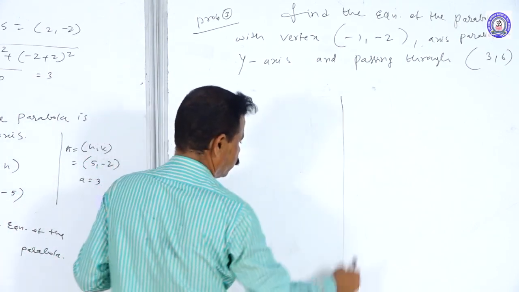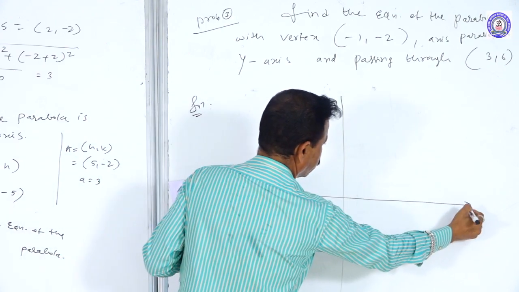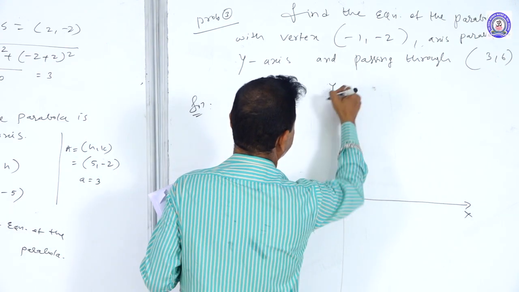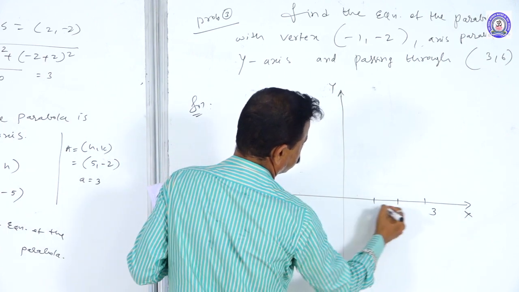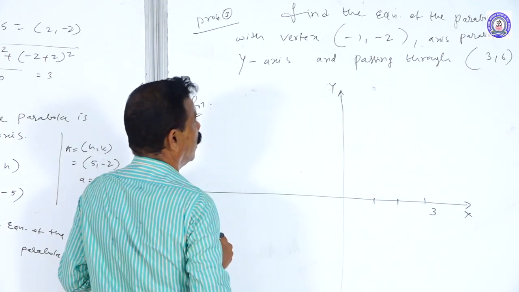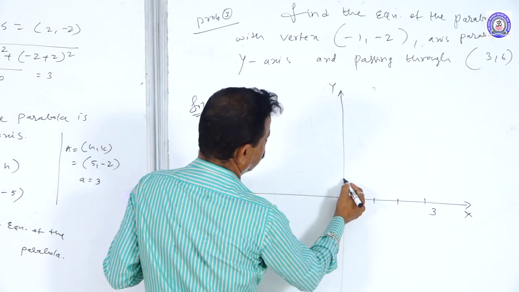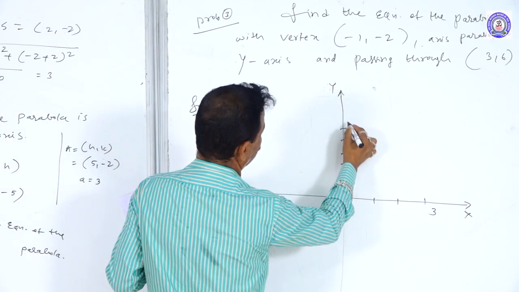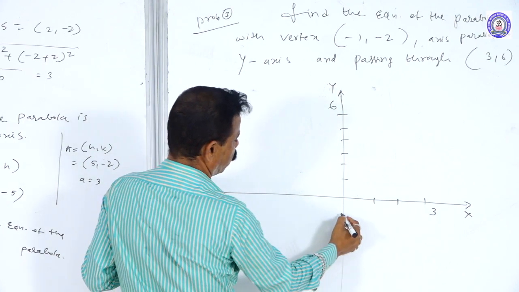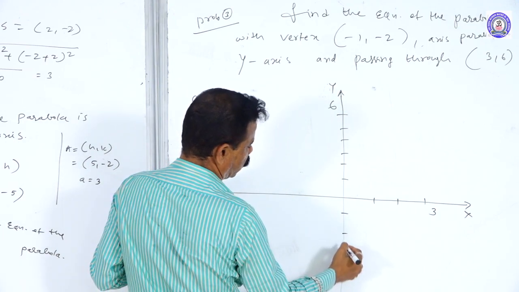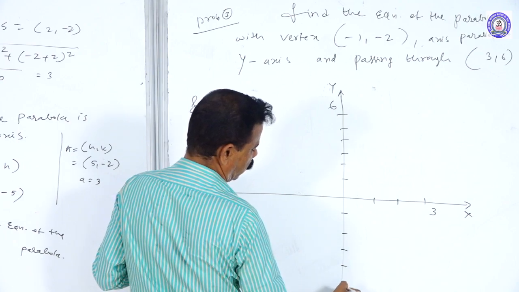Draw the graph with the x axis and y axis. The x coordinates go up to 3: 1, 2, 3, and y goes up to 6: 1, 2, 3, 4, 5, 6. This is the 6. The coordinates on the left and downside also: 1, 2, 3, 4, 5, 6.